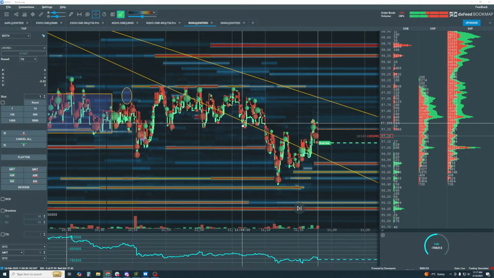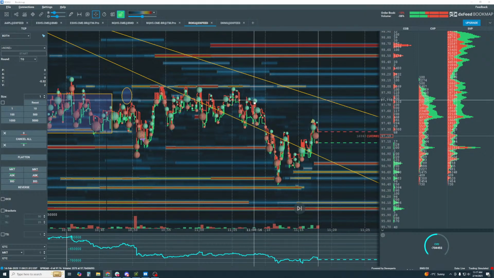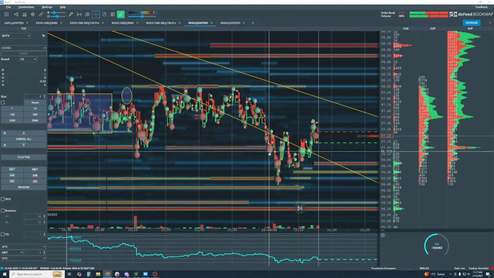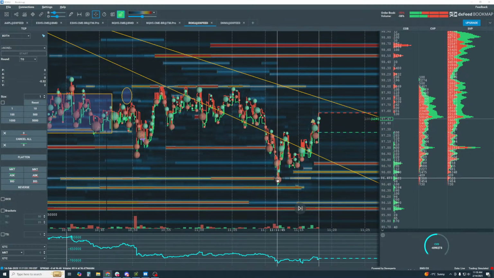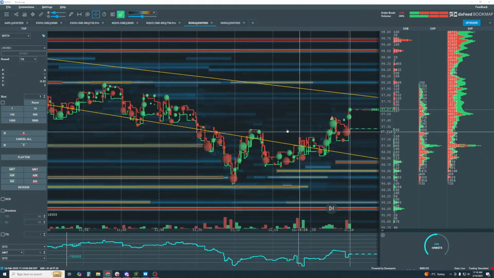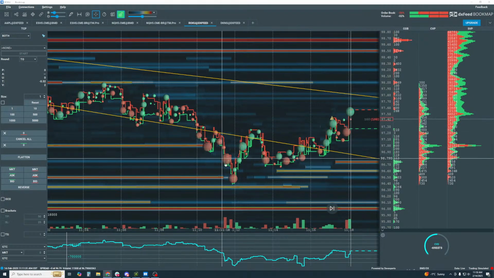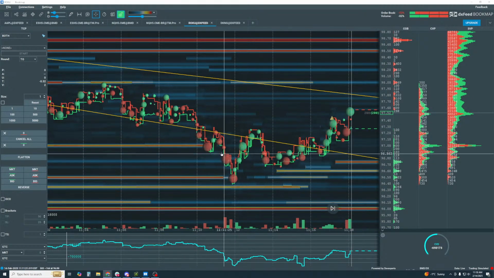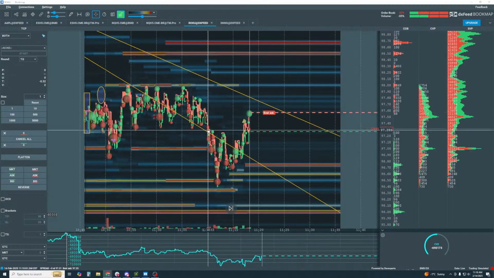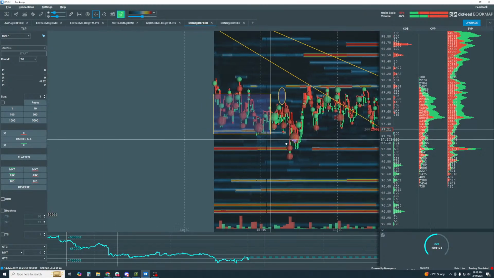Then we started to see those sellers come in, buyers here, but at a lower high, and then sellers, and then the drop, right? So we did get the drop, and then I thought maybe I came back in and this was the drop here, but it's not. This was actually the drop we traded in.